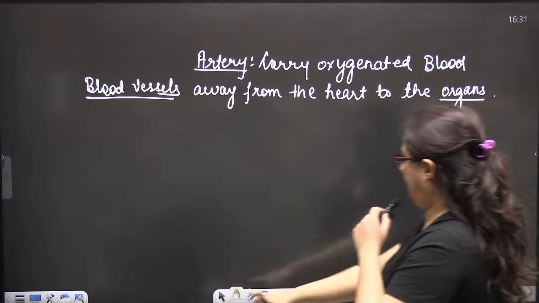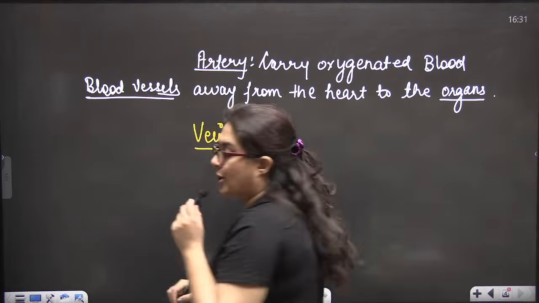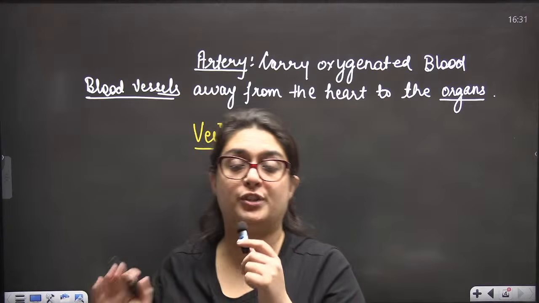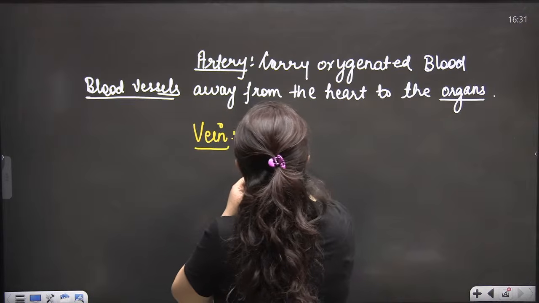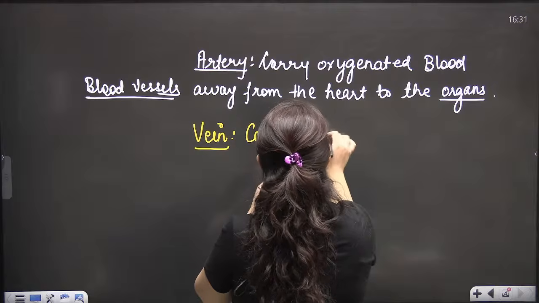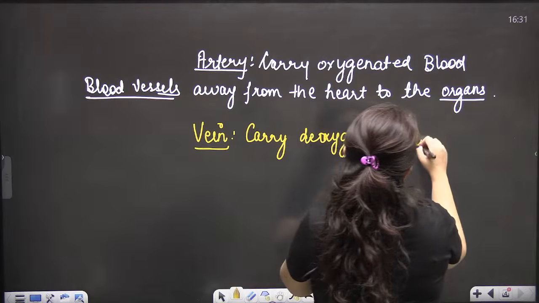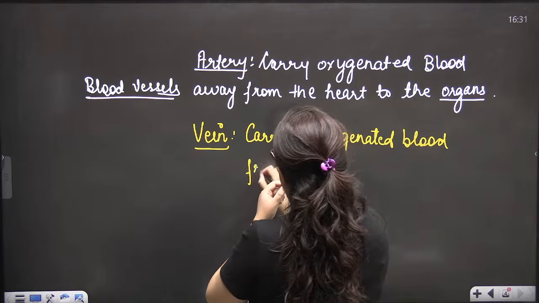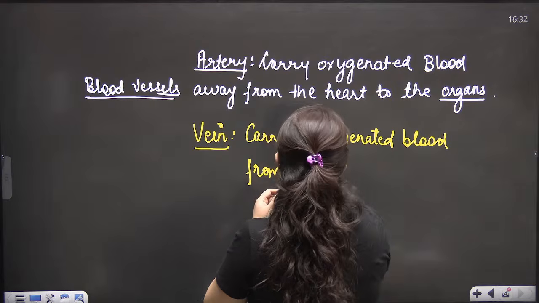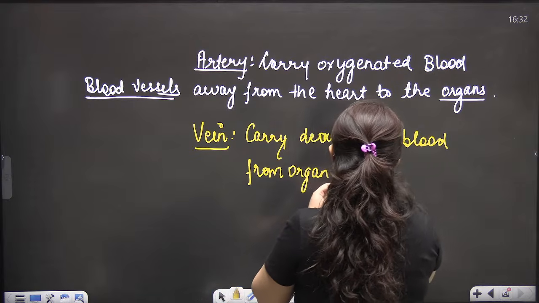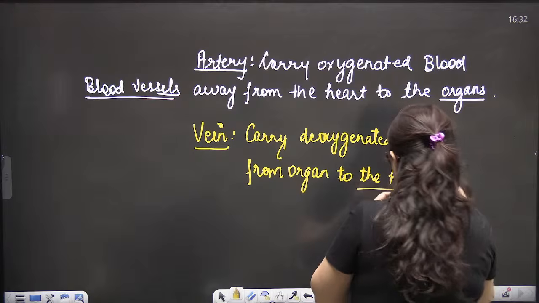Okay, veins. Veins always carry deoxygenated blood, lots of CO2 blood, from the organs to the heart.